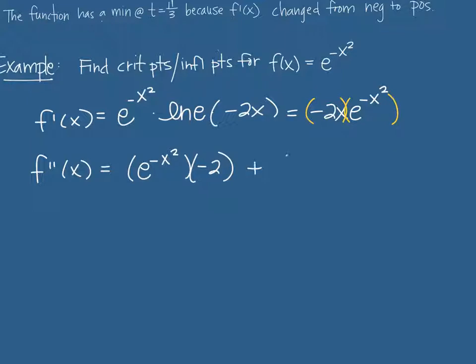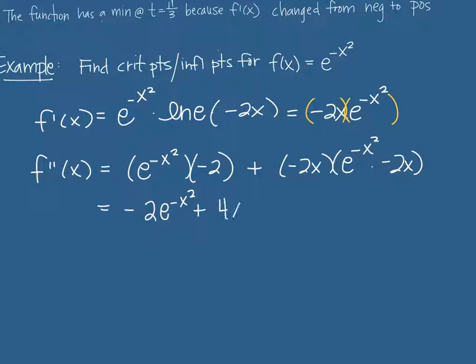And then I'll add to that negative 2x. And the derivative of e to the negative x squared is, again, e to the negative x squared times negative 2x. So overall I have negative 2 e to the negative x squared plus 4x squared e to the negative x squared.